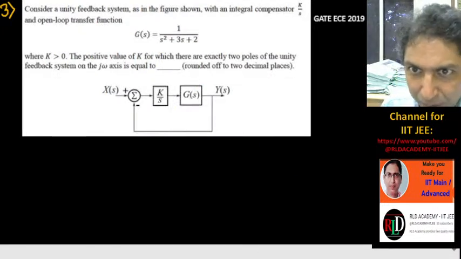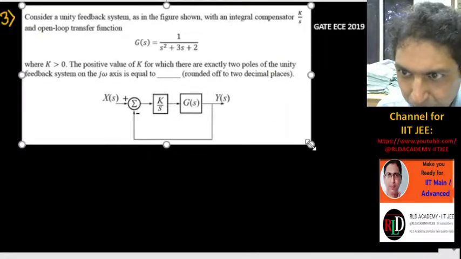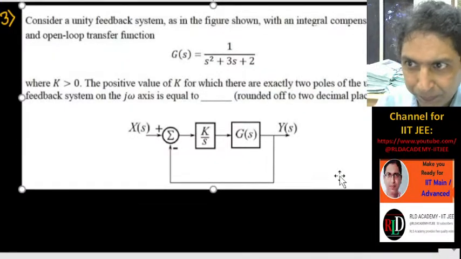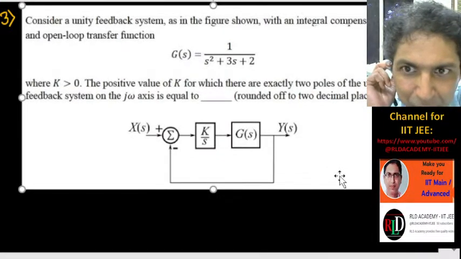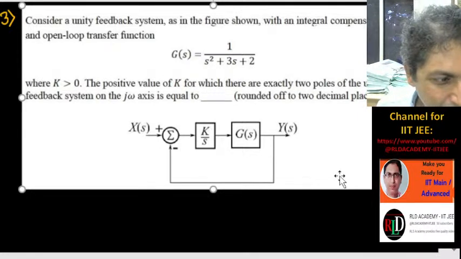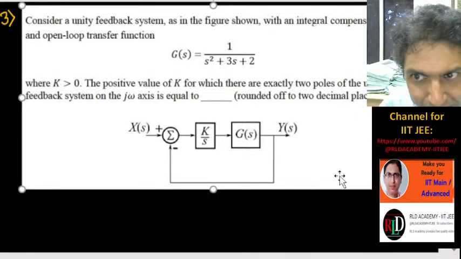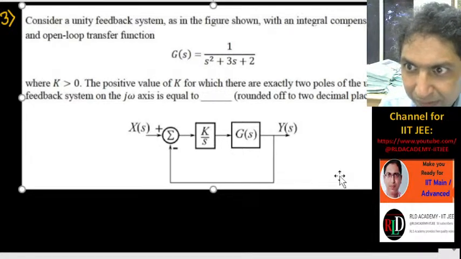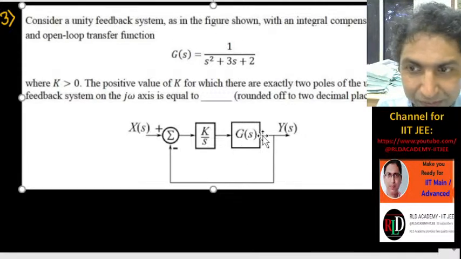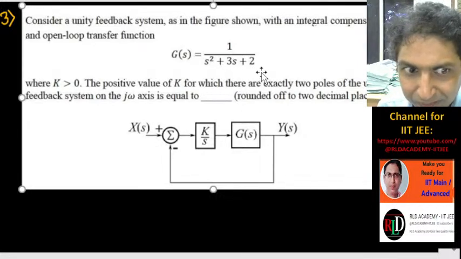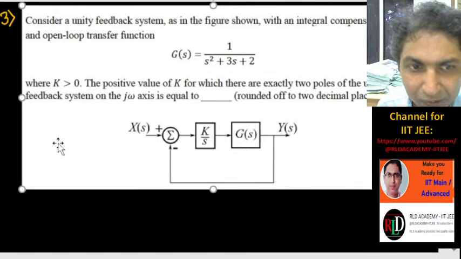So this is the next problem. It appeared in 2019. Now how to solve this problem? I'll make this bigger. Just read the problem carefully. Here we have been given G(s) equal to 1 upon s square plus 3s plus 2, and k is more than 0.